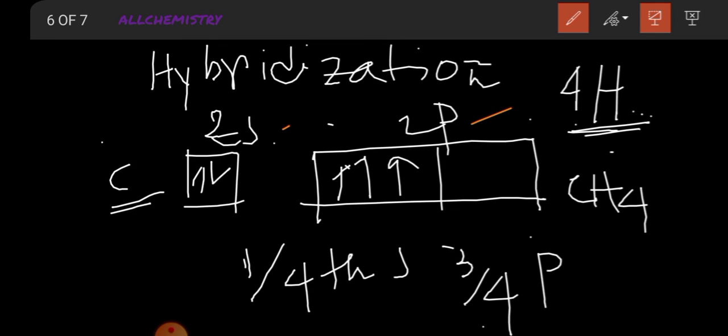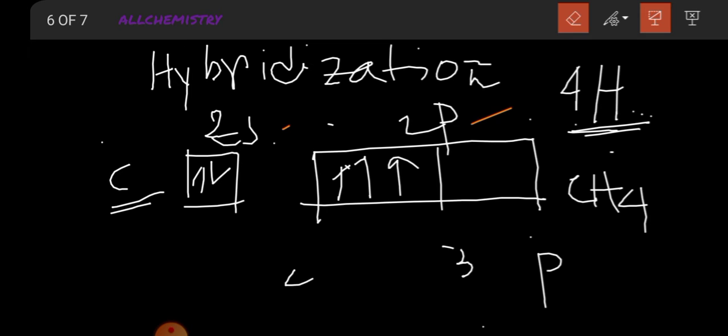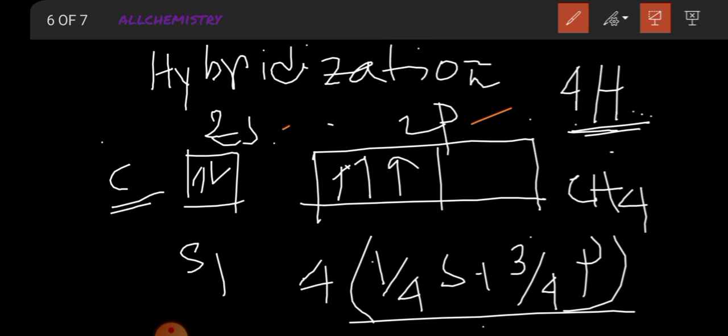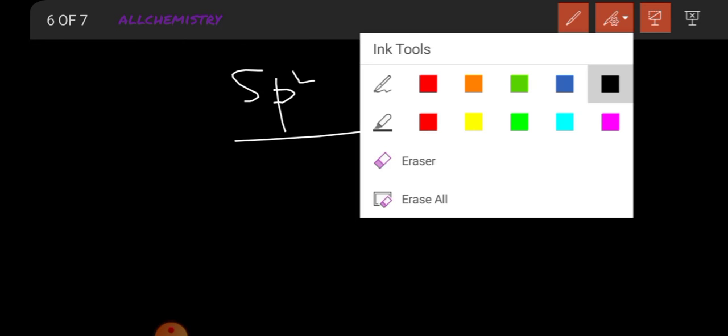Here are 4 hydrogen atoms. So for 4 hydrogen atoms, 1/4 of s orbital plus 3/4 of p orbital means sp3. That is how sp3 comes, and in a similar manner sp2 will come, sp will come. Okay, so this is the thing.